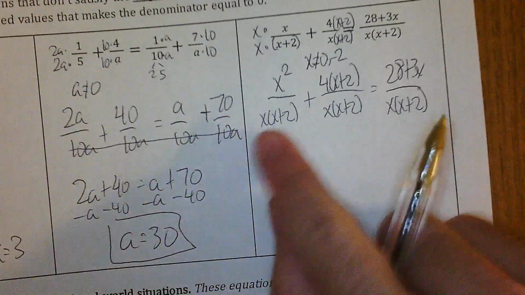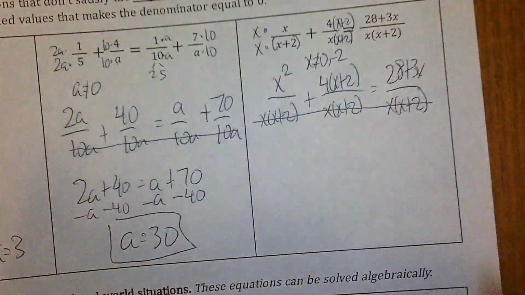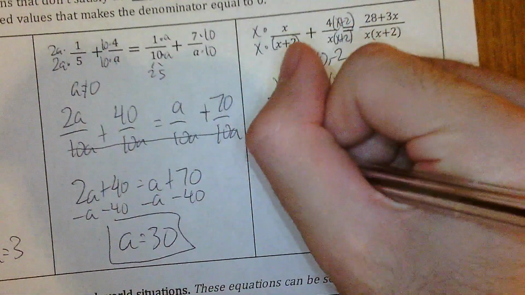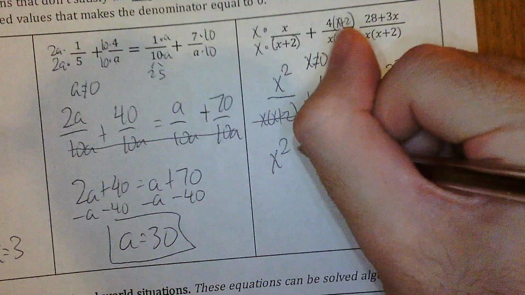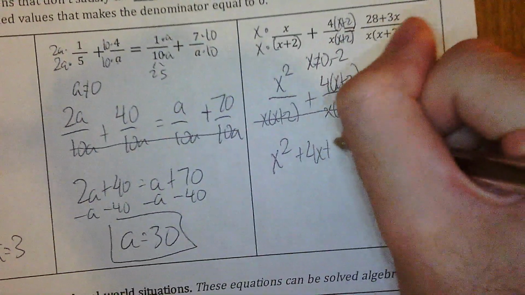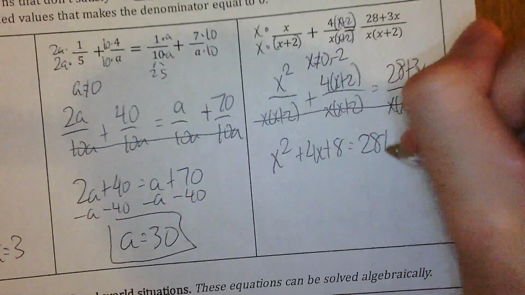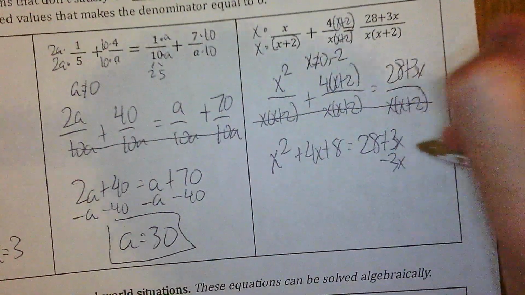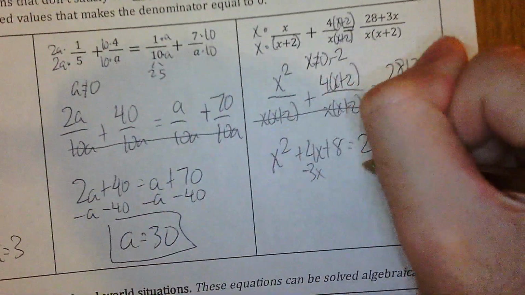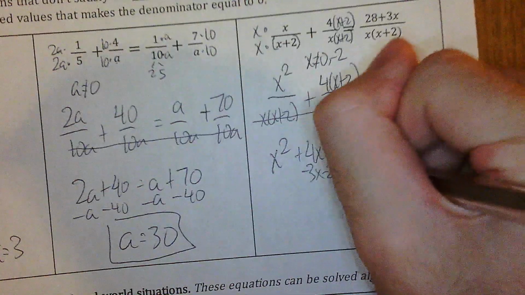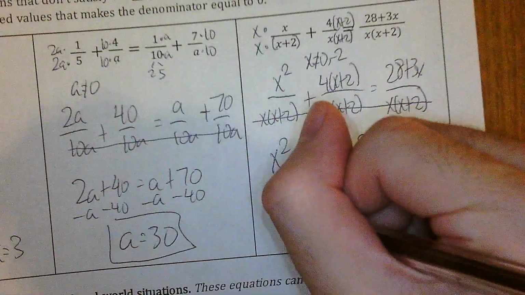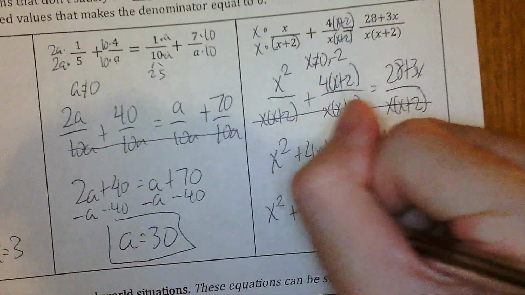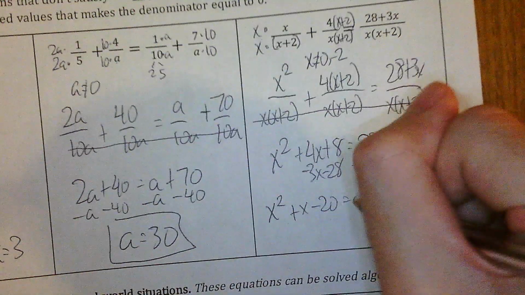So let's solve this. They're all the same on the bottom. I can cross those out. And then I'm going to distribute this 4. And then I can gather up all of the terms on the left side, turning this into a quadratic that equals 0. So we have x squared plus x minus 20.